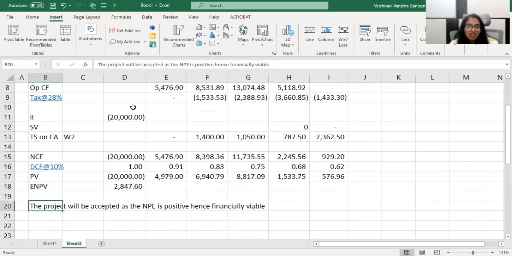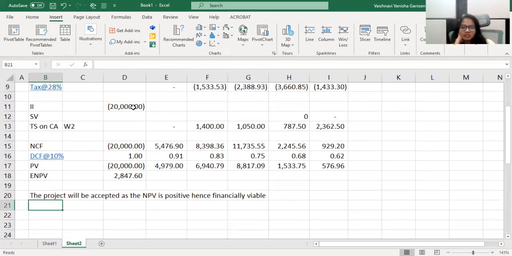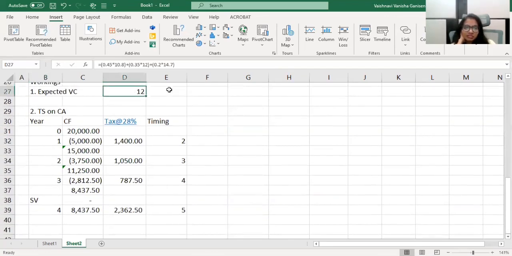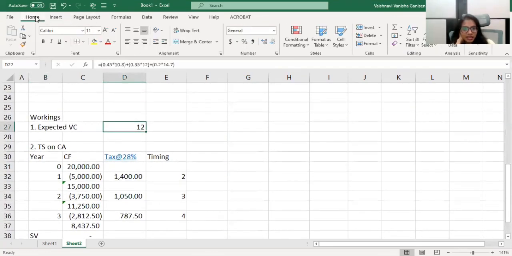Hence financially viable, NPV. So with this, I think you guys can know that it's quite easy. This is literally the only difference. The others are exactly the same as an NPV question.